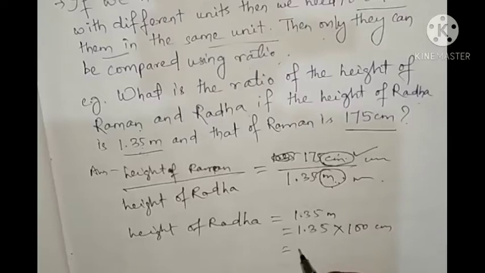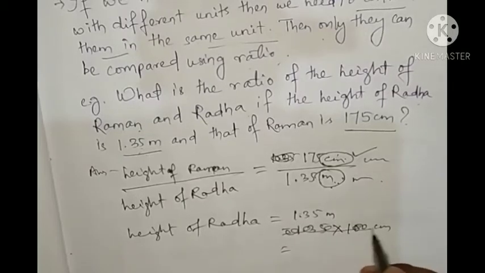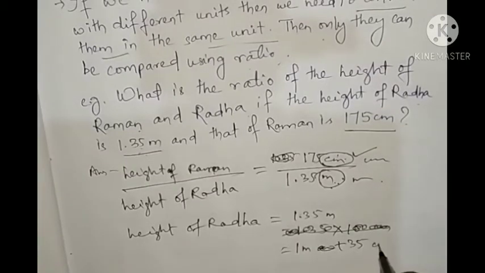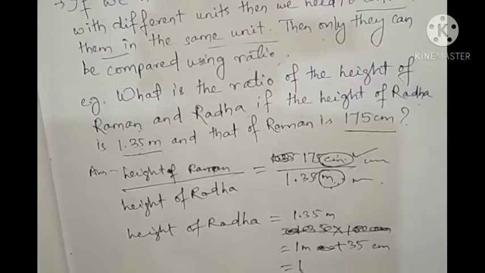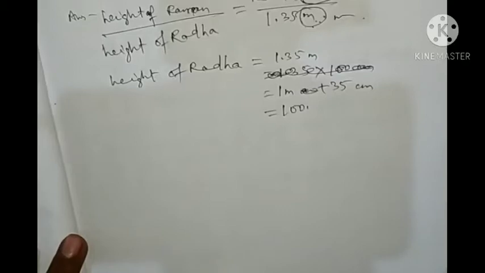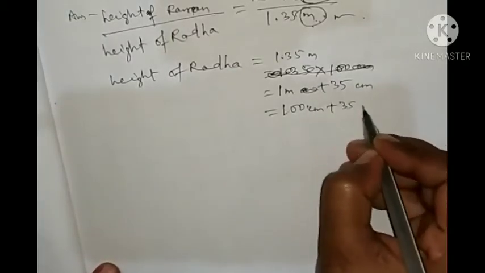It is 1 meter plus 35 centimeter. So here 1 meter is how much? 100 centimeter plus 35 centimeter.